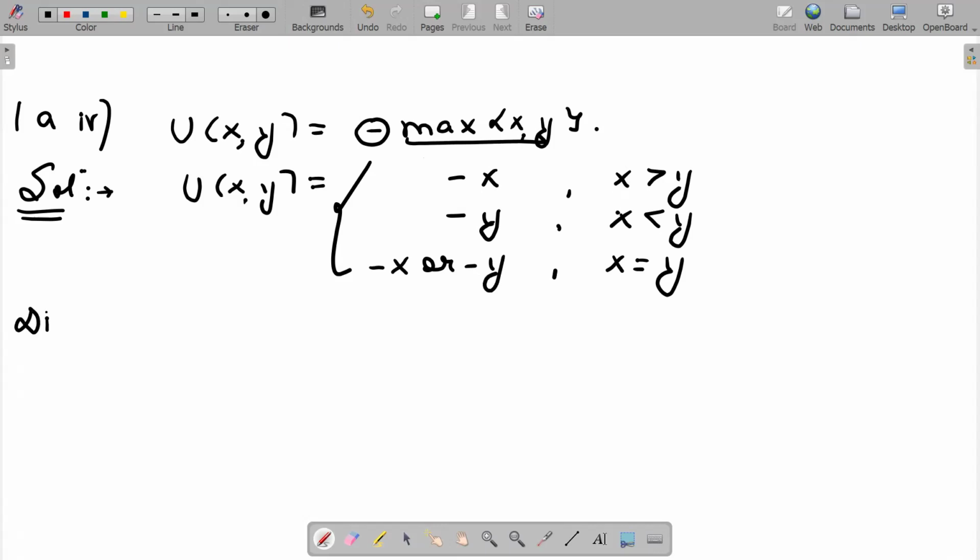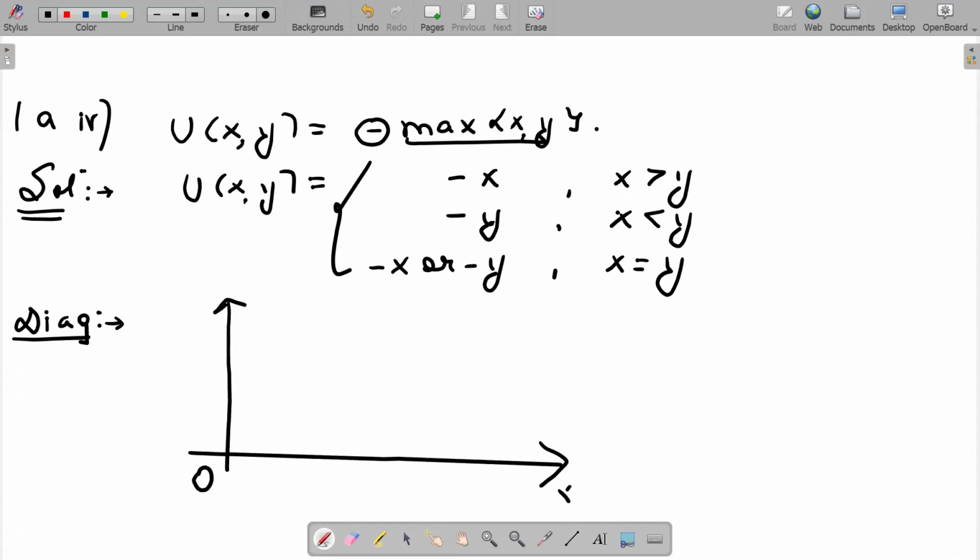That means if I draw a picture depicting the max function, this is good x, this is good y, the max function looks like this. It looks like this, and since we have a minus outside, what is the direction of increased utility? Utility is increasing in this direction, guys. Remember, I can make you write a note.